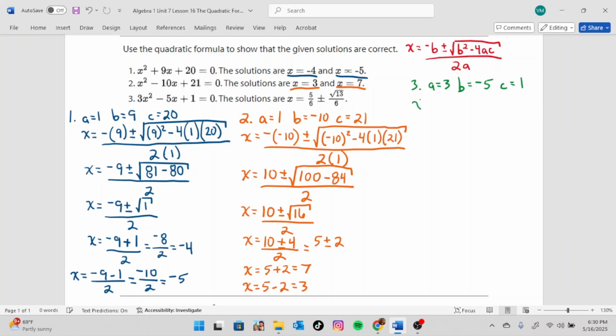Now we fill out the formula. X equals negative 5 plus or minus the square root of negative 5 squared minus 4 times 3 times 1. And all of that divided by 2 times 3.